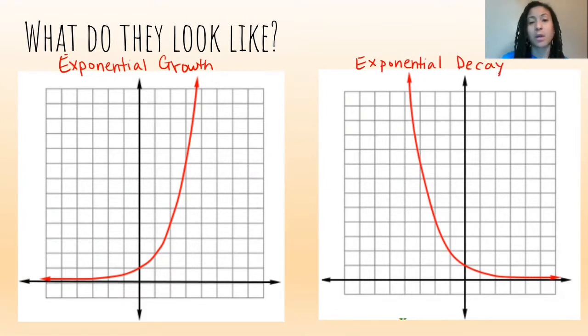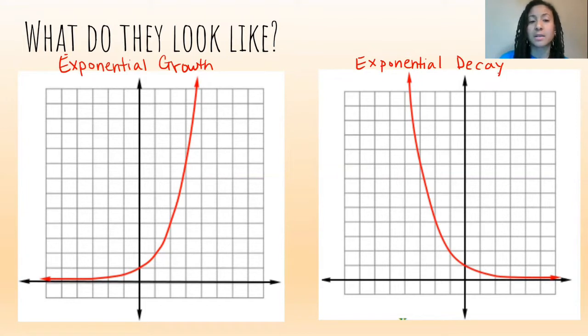Think about it. Anytime we look at a graph, we read it from left to right. So what do you notice about the graph for exponential growth? It starts from a low point and it increases. Exponential decay starts from a high point and it decreases from left to right. Also, if you notice with these graphs, they do not touch 0.